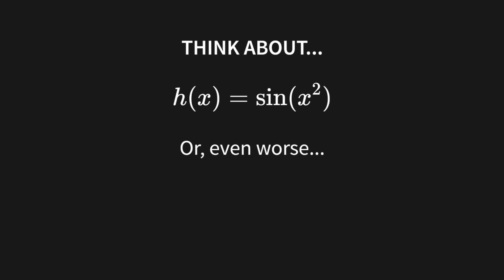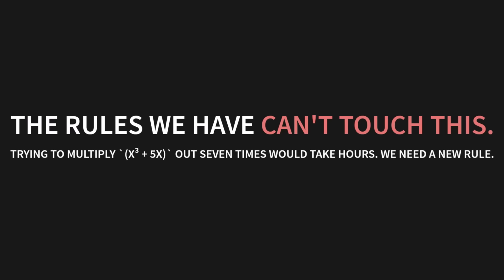Or even worse, h of x equals x cubed plus 5x, all raised to the 7th power. The rules we have can't touch this. Trying to multiply out x cubed plus 5x 7 times would take hours. Ugh, we need a new rule.